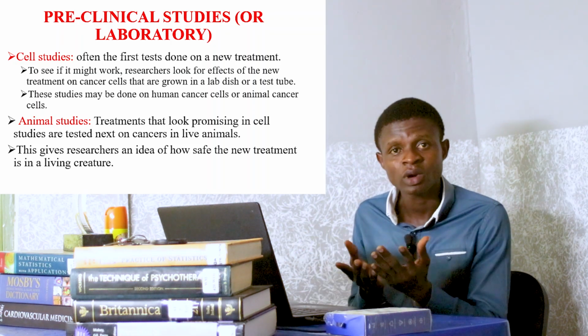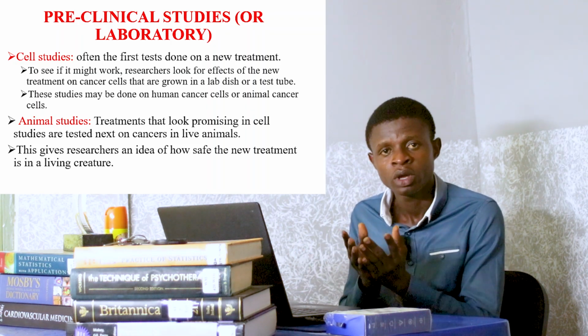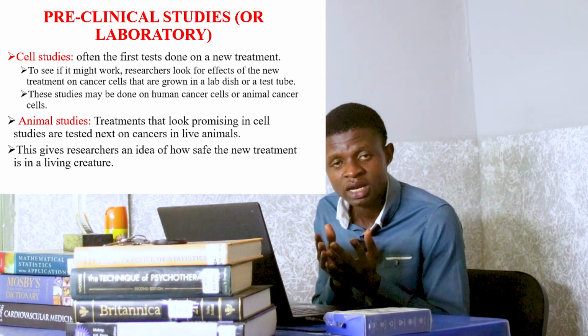With preclinical trials, the first one is cell study. Let's say we want to develop a new treatment for cancer. Here we mostly get the cancer cell, put it in a dish, culture it in the laboratory, then introduce the drug to it, and see how the cancer cell responds to the drug.